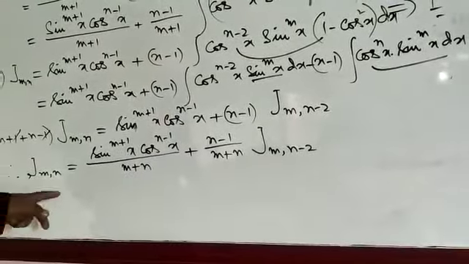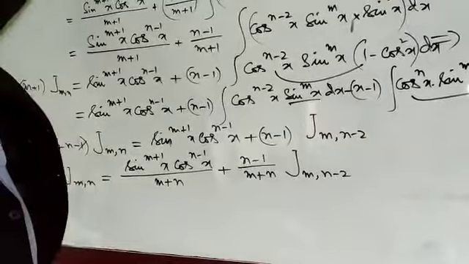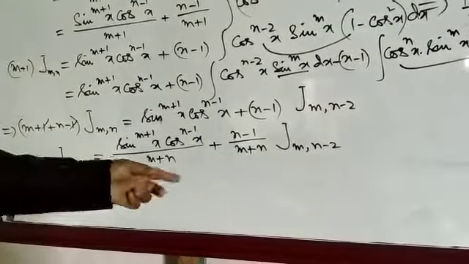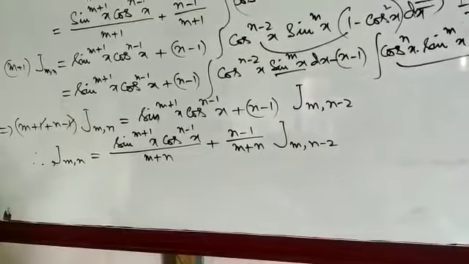So now you see the reduction formula for this sine power mx and cos power nx. So this becomes this integration, where m and n are integers.